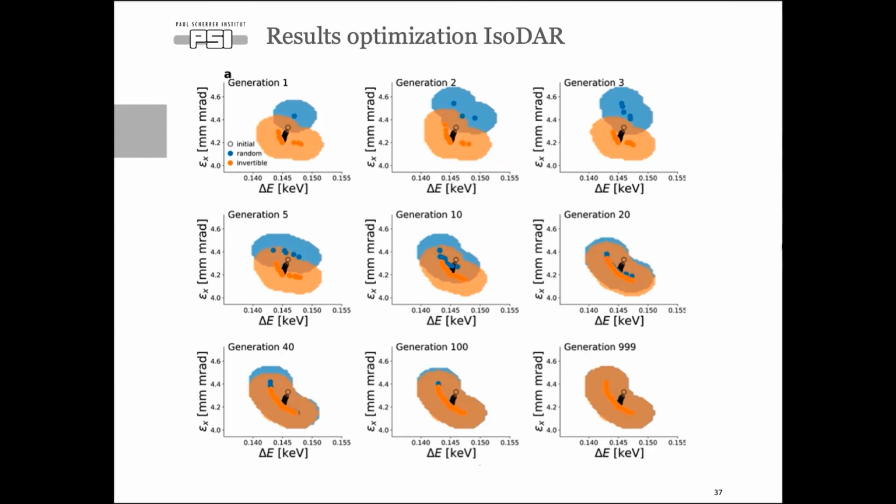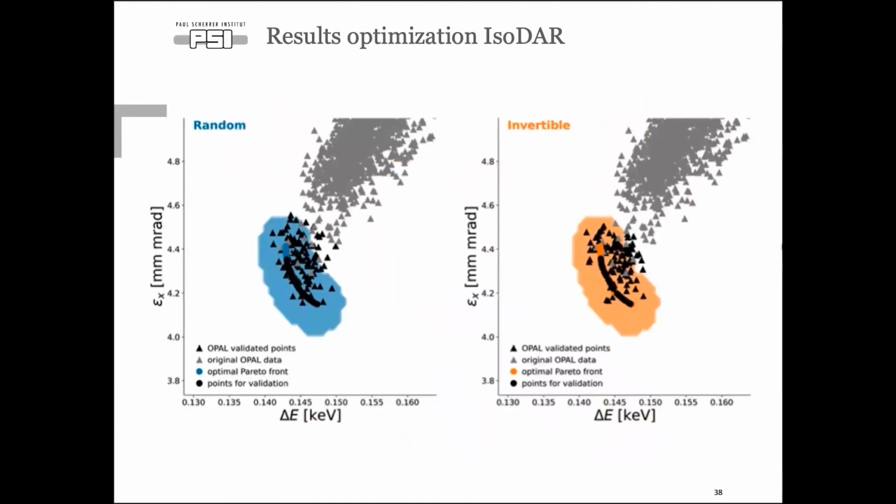And again, we validated our results of the optimal points here with OWLE. So what we did is we chose, in this case, only 100 points due to the computational cost, which we plugged into OWLE. So we took the machine settings, plugged it into OWLE, and the black triangles is what OWLE gave us back.